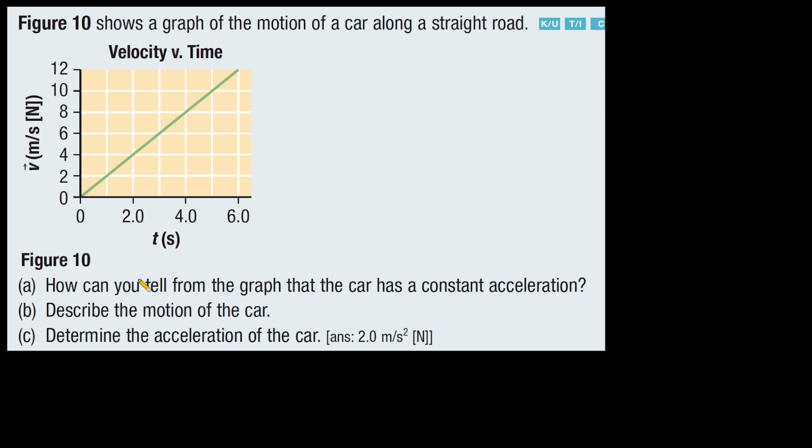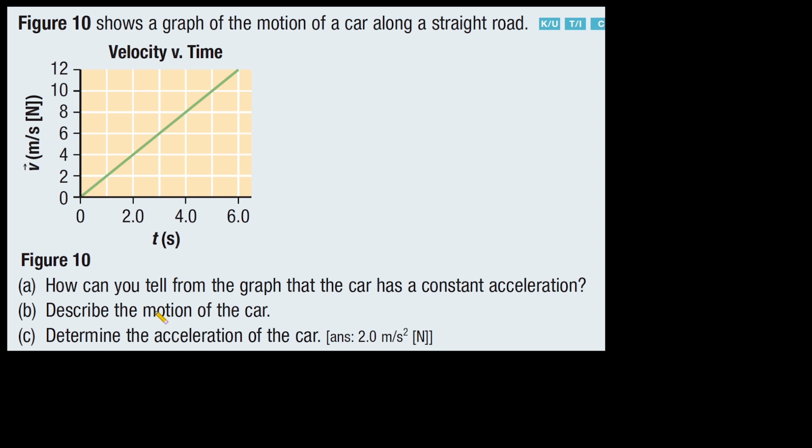So now question A. The acceleration is the slope of the velocity time graph. And here, the velocity time graph is a straight line. If the velocity time graph is a straight line, then the object has a constant acceleration.